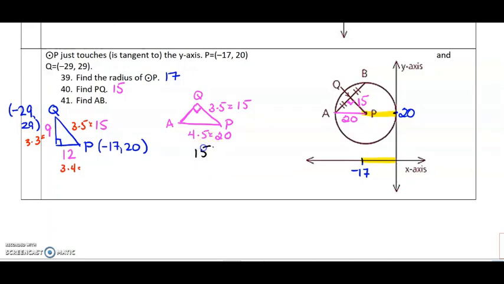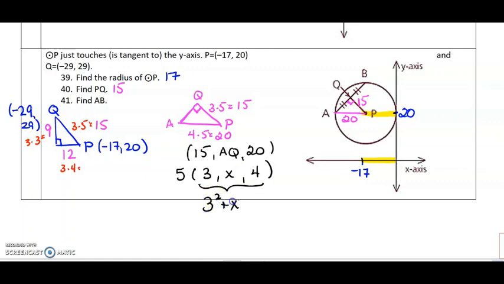So I have 15, AQ, 20, and I can factor a 5 out of that, and I have 3, unknown, 4, and then use the Pythagorean theorem on the simplified or the reduced triangle.